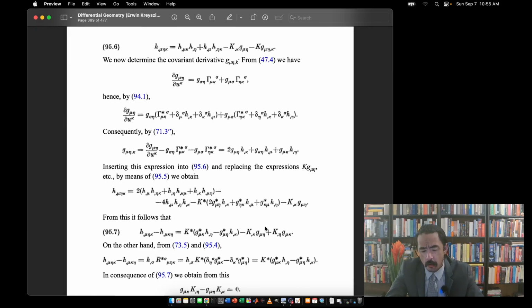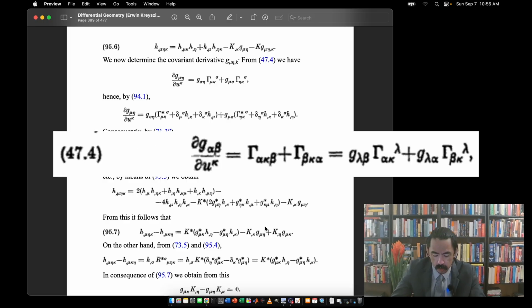We now determine the covariant derivative g sub mu eta comma kappa from 47.4, where the first partial derivatives of the coefficients g sub alpha beta of the first fundamental form can be represented as a sum of two Christoffel symbols of the first kind, namely partial g sub alpha beta partial u kappa is equal to Christoffel sub alpha kappa beta plus Christoffel sub beta kappa alpha, which is equal to g sub lambda beta times Christoffel sub alpha kappa superscript lambda plus g sub lambda alpha times Christoffel sub beta kappa superscript lambda.